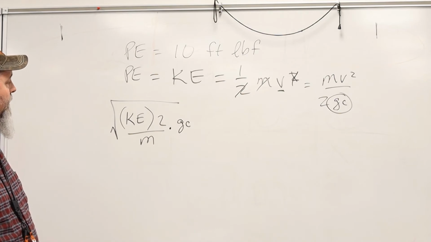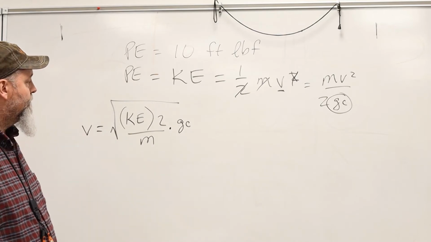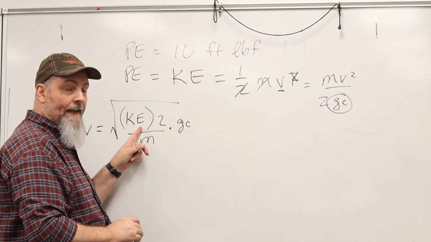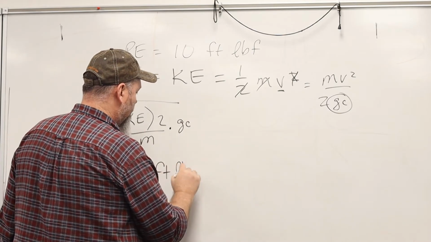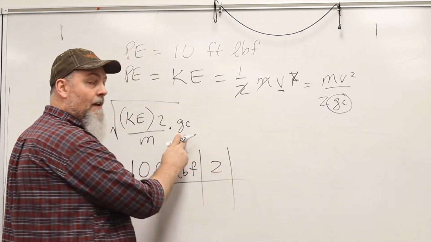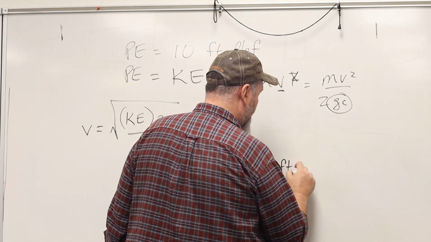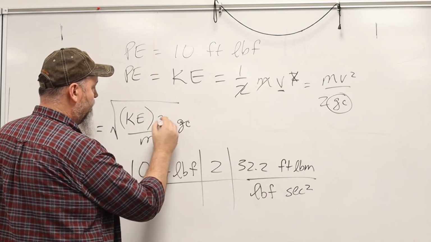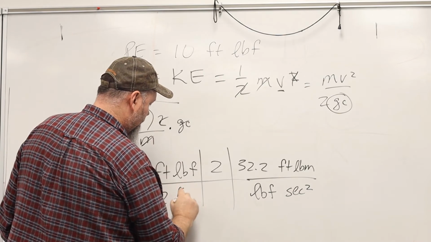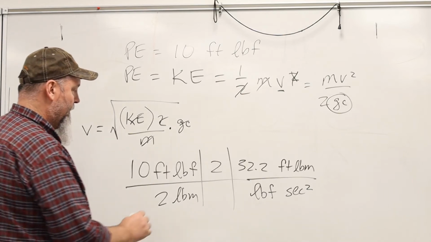this is our velocity. Now let's set that up in a ladder problem. We know our kinetic energy times 2 times g sub c divided by the mass. Well, do I have everything? Let's see.